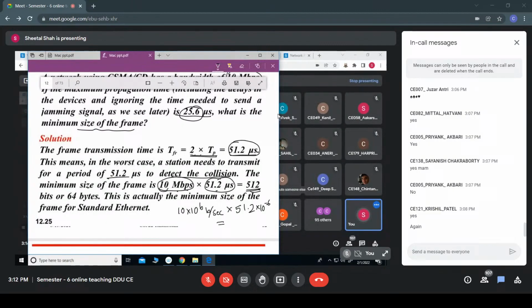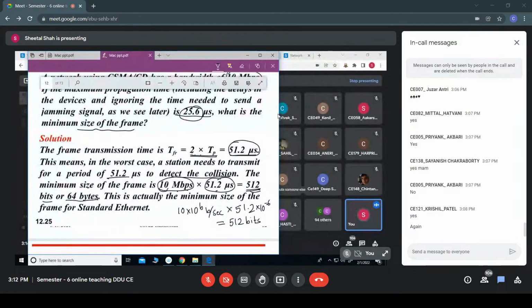So this would be equal to 512 bits. That means this is the minimum frame size, not the maximum. The maximum size can be anything, but the minimum frame size should be 512 bits, that is, 64 bytes.